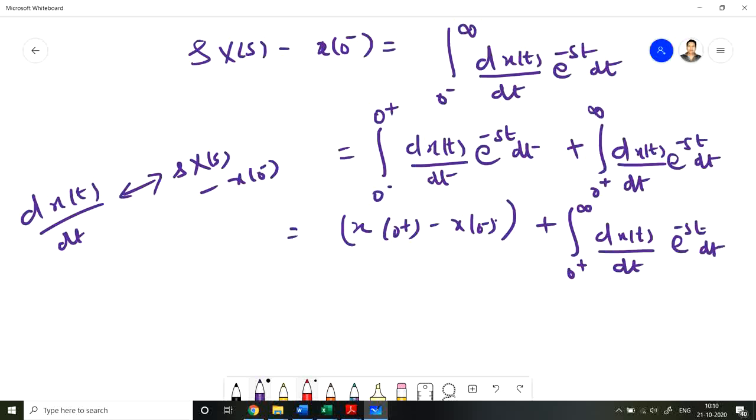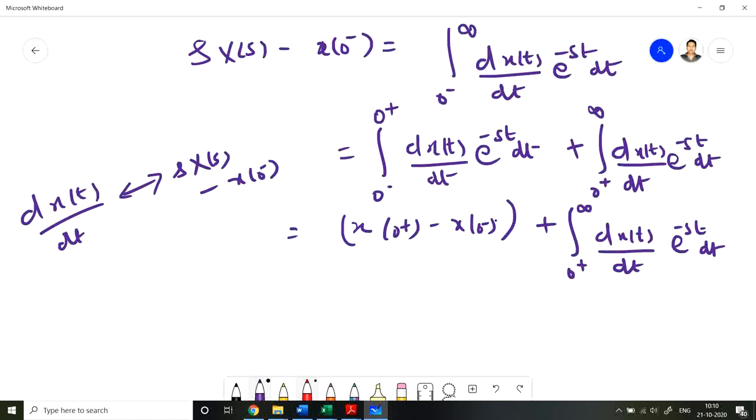Here the differentiation and integration cancel, so we get only x(t) with lower limit 0- and upper limit 0+. So we get sX(s) minus x(0-), and this x(0-) cancels out.